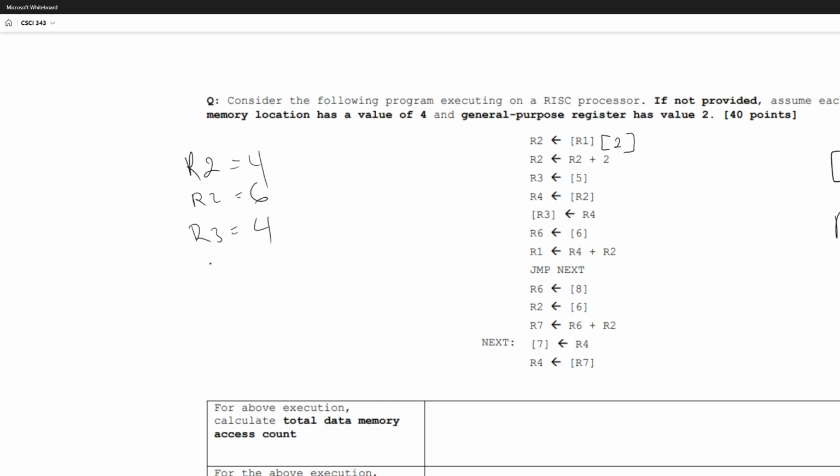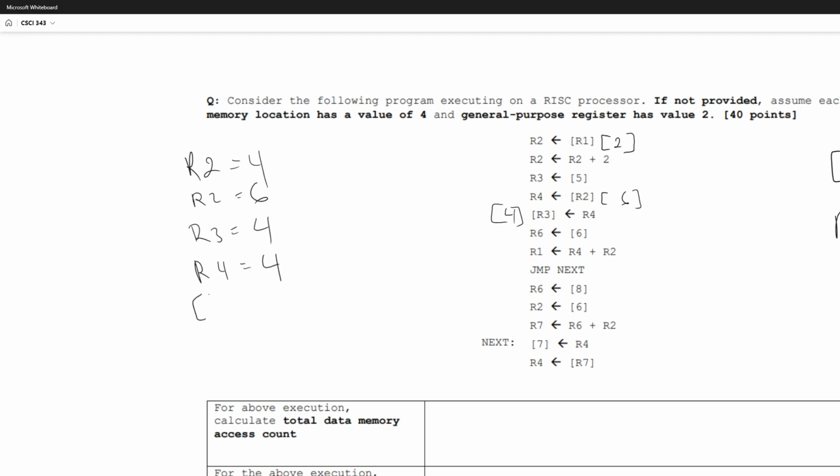And R4 is going to get whatever's at this. So this is the same as address 6. We don't know what's in address 6, so default to 4. This is an S-type instruction, so R3, 4 at memory address 4, the value in R4.